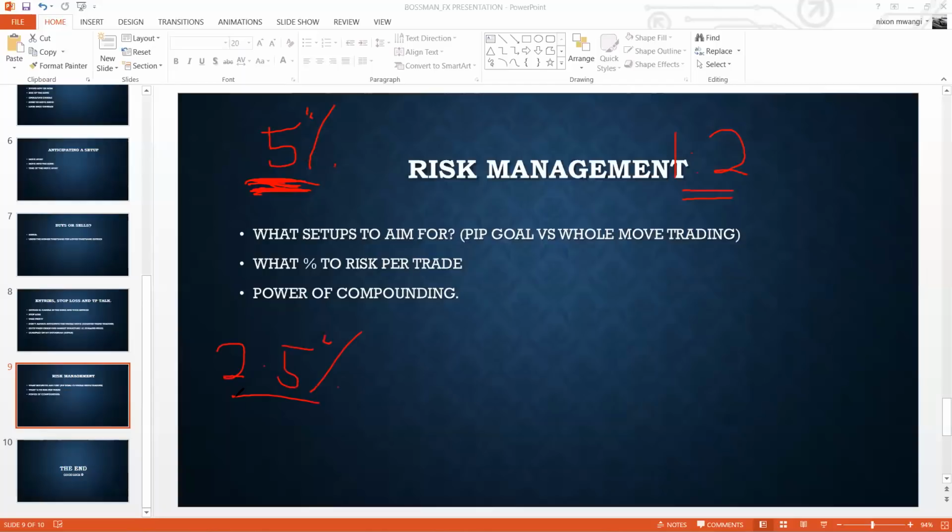If you divide this 5% into 2 trades a day, each trade you'll be risking 1.25%. If you risk 1.25%, it'll probably take you like 90 to 100 trades to blow your account. Does it make sense?